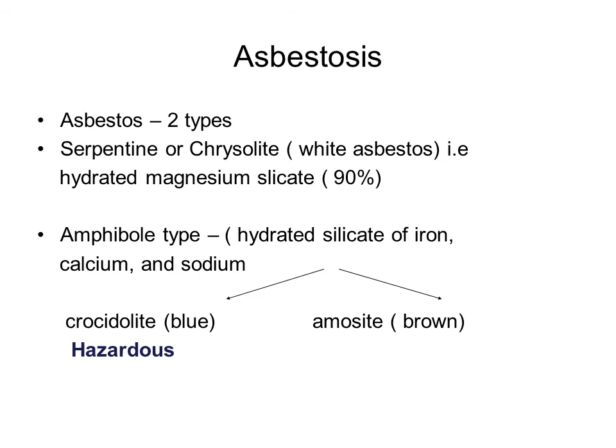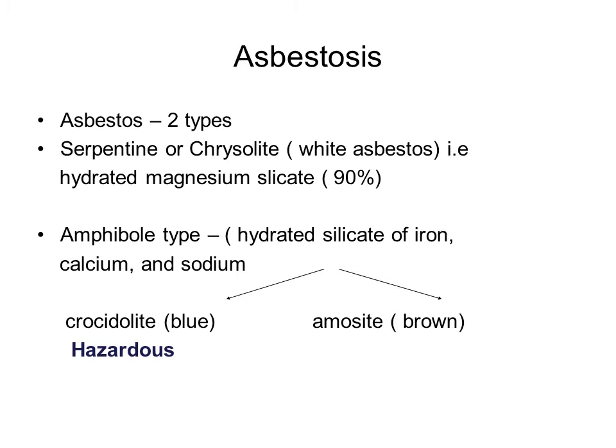In 90 to 93% of the cases, it is serpentine or chrysotile, which is known as white asbestos. The compound is hydrated magnesium silicate. The second type is amphibole type, that is hydrated silicate of iron, calcium and sodium. Serpentine is of magnesium salt and amphibole is iron, calcium or sodium salt.